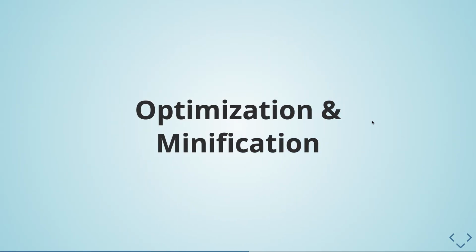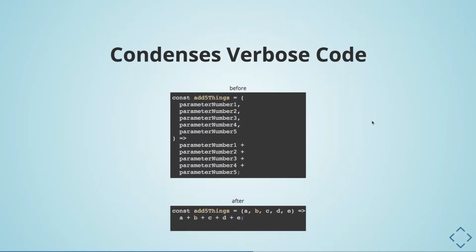All right, let's talk about optimization and minification. Here's an example of minifying JavaScript, very scaled down so you can see how it works. We've created a function called add5things. It's really helpful. It takes in 5 parameters. The parameter names that we wrote are really, really long, which maybe is good for the next person who needs some more context about adding 5 things.